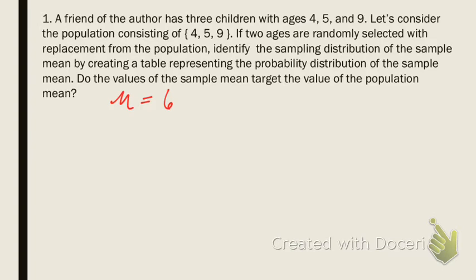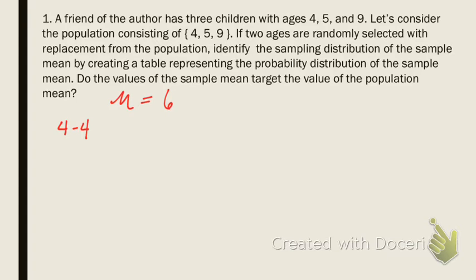So what are all the possible combinations? And remember that it's with replacement. So if I pick the 4-year-old out, it goes back, and I can pick it again. So I can have 4 and 4, because it's with replacement.